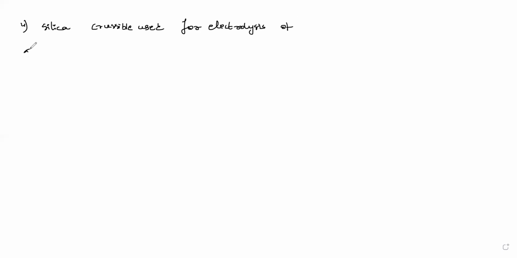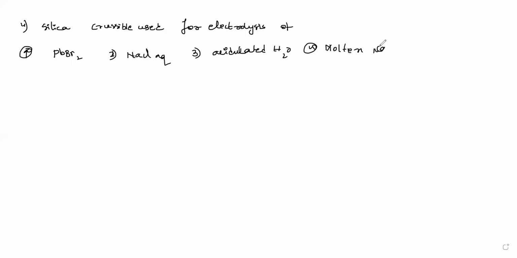They gave four options: the first one is PBr2, the second is PBr2 and aqueous NaCl, the next is acidulated water, and the next is molten NaCl. So they gave four options.